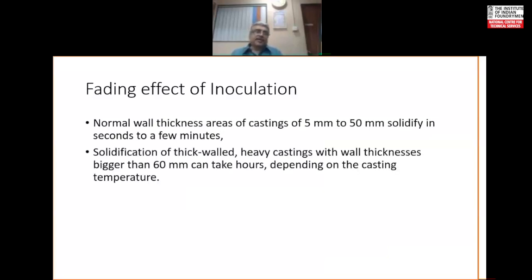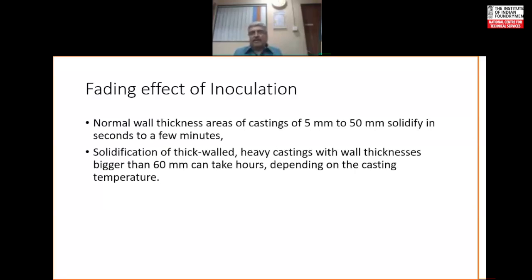Another aspect to be considered is the wall thickness of the casting. Apart from the pouring temperature, we have to look at the wall thickness. Normal wall thickness areas of the casting, say from 5 mm to 50 mm, will solidify within a few seconds to a few minutes.